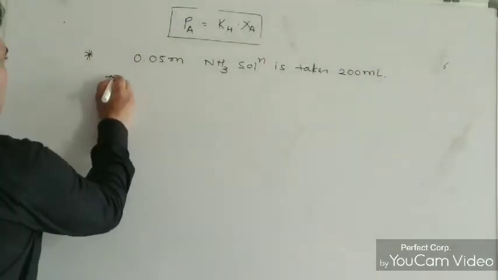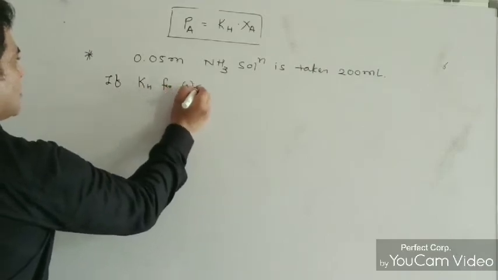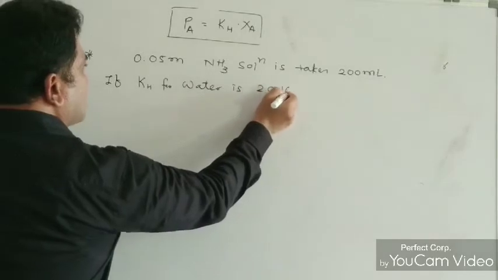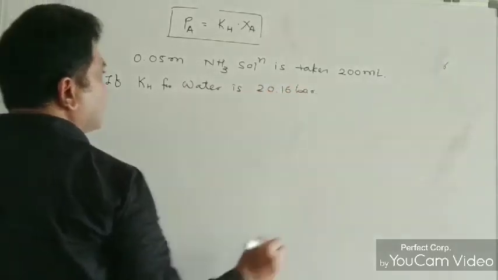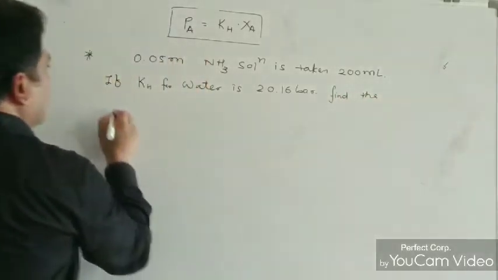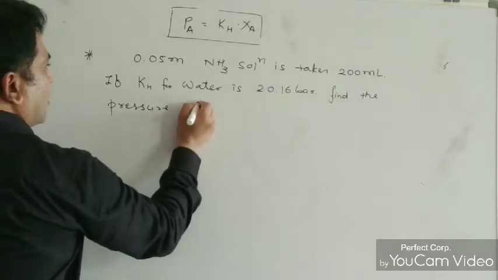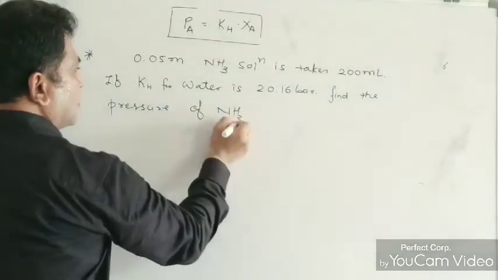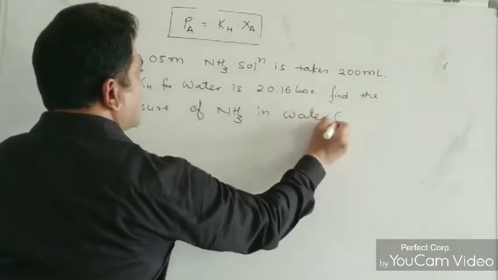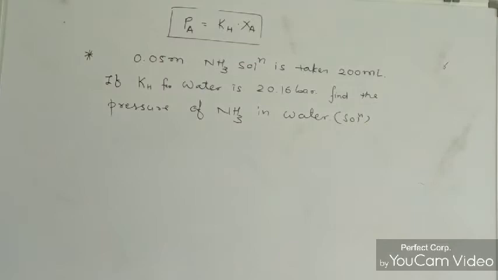If KH for water is 20.16 bar, find the pressure of ammonia in water or in solution. Okay, so this will be the question.